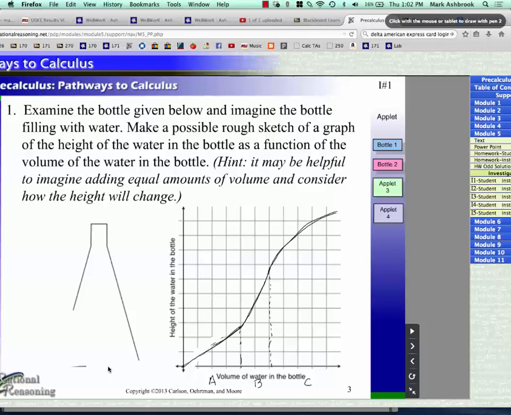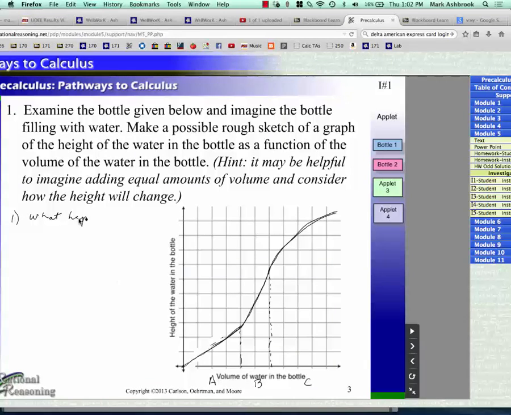So what was our checklist? A. When you add equal increments, what happens to y? What happens to the height? Okay, and then the second question was, what happens to changes in y?